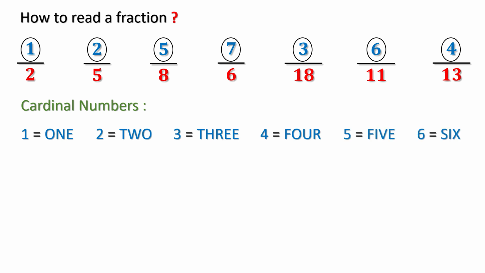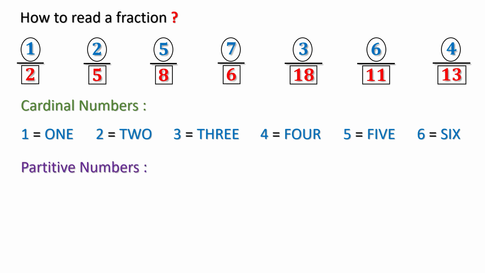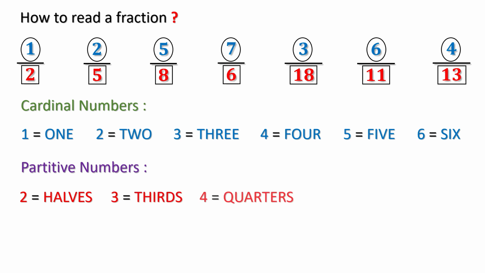The denominator of a fractional number is read using partitive numbers, that is, the number 2 is read as halves, the number 3 is read as thirds, the number 4 is read as quarters, the number 5 is read as fifths, the number 6 is read as sixths, and so on up to the number 10.